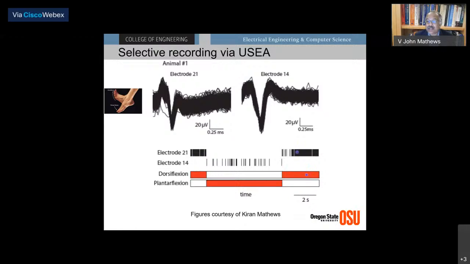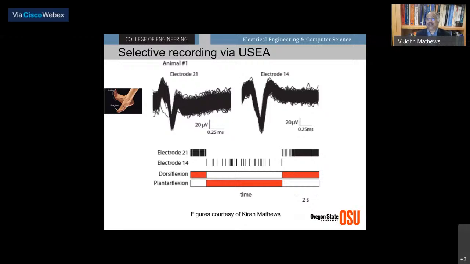Look here and here. And electrode 14 was not active at all. But when plantar flexion was happening, only electrode 14 was active. What that means is by looking at where the signals are coming from, where the activation is created, you can actually tell what kind of movement is happening. All right? And this is very, very important. And it's this kind of selectivity that is allowing us to create movements artificially in paralyzed persons.